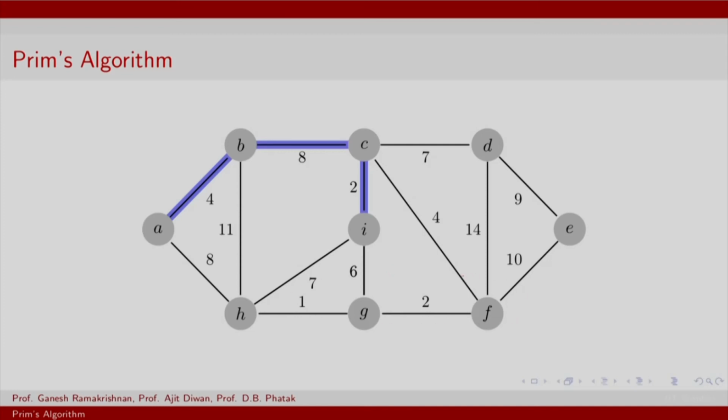Again you update the keys for other nodes connected to I, and we find that in the next iteration it makes sense to include F. So we go ahead and again update keys. Well, G has a new key and looks like G should be picked up next. Again you update keys. Well, certainly H can be picked up next.